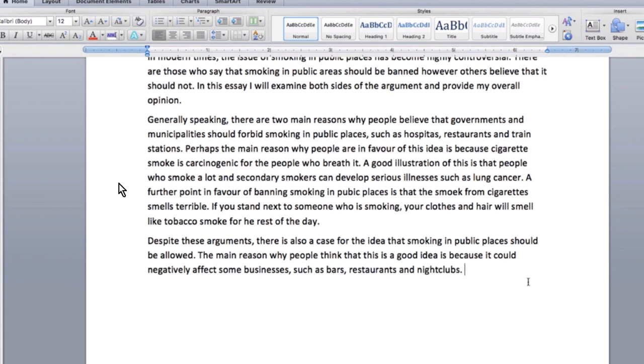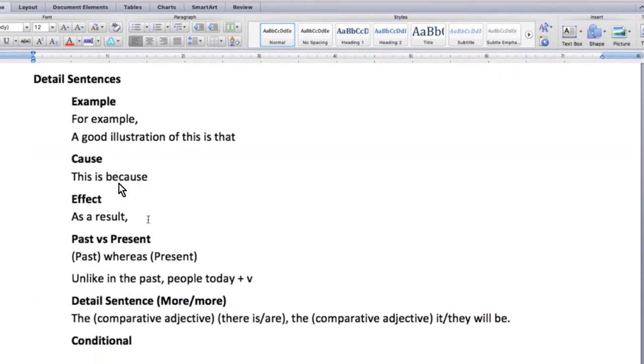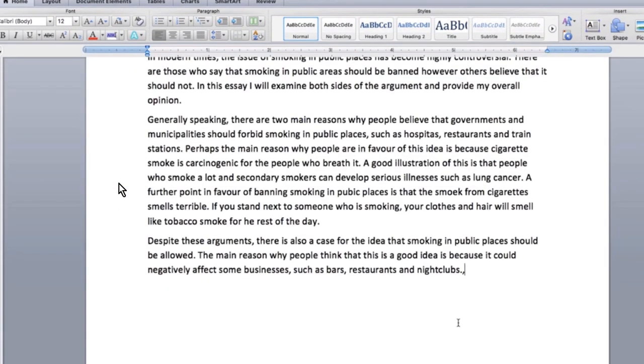Now you need to kind of explain with a detailed sentence how it negatively affects them. Let's do a result. So what would the result be of the negative effect? As a result, many people could lose their jobs.